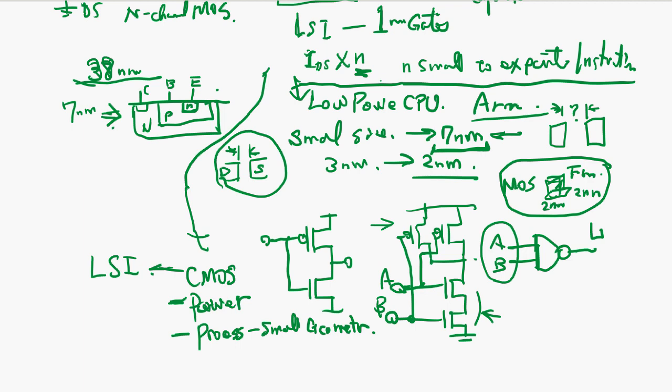Okay, so that's how the digital circuit is created. Basically, you create basic logic gates, and once the logic gates are created, any kind of large digital circuit is just a combination of them.